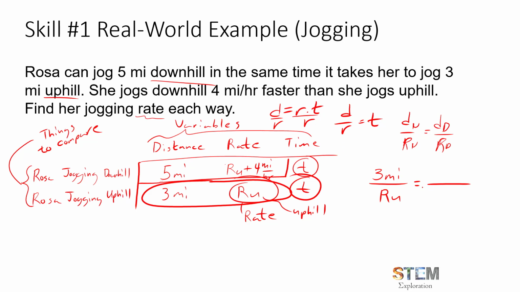All right, and so now what we're going to do is say that her rate downhill is 5 miles, but instead of saying RD is equal to the RU plus 4 miles per hour.